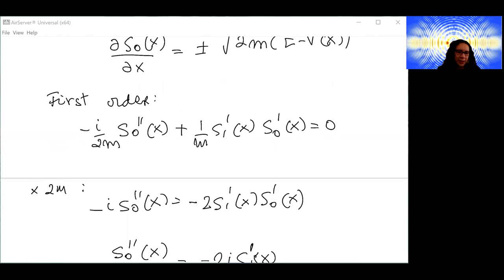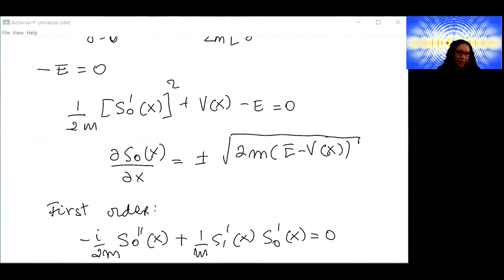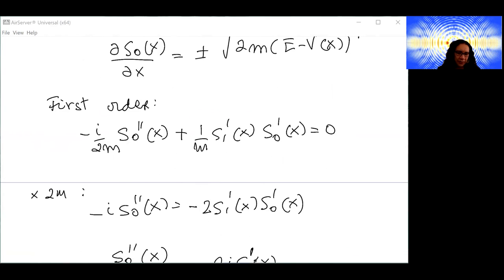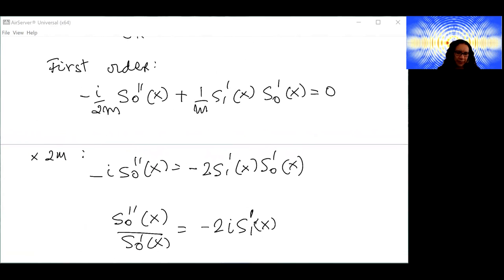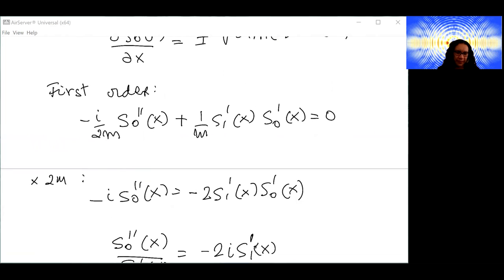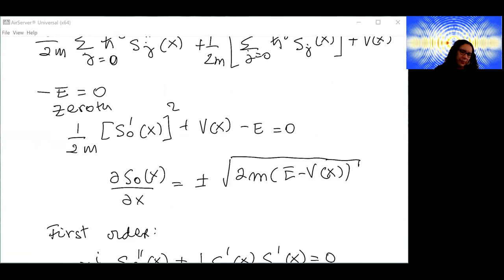Okay, so consider the expansion to first order, and we consider the expansion to zeroth order. So let me write it here, zeroth order, and here first order.